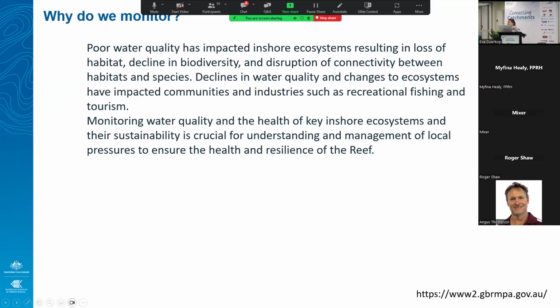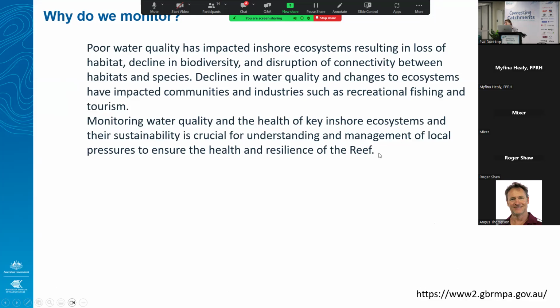The marine monitoring program has been conducted in the Great Barrier Reef near shore waters since 2005. It was instituted to keep track basically of the impact of terrestrial water quality on our valuable marine ecosystems.